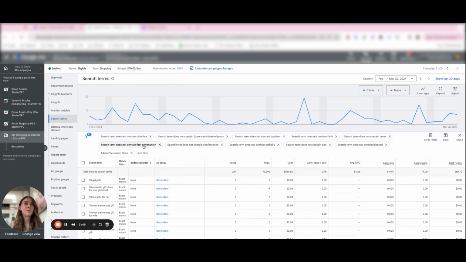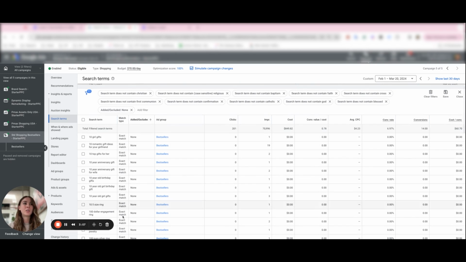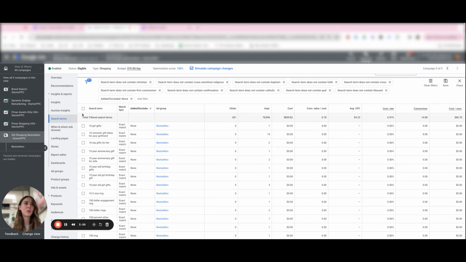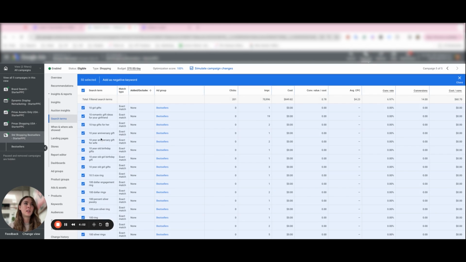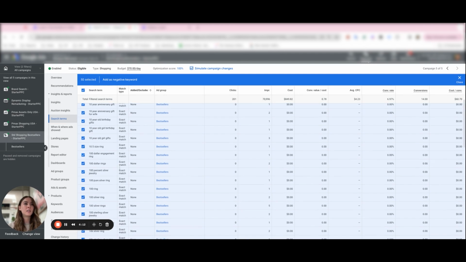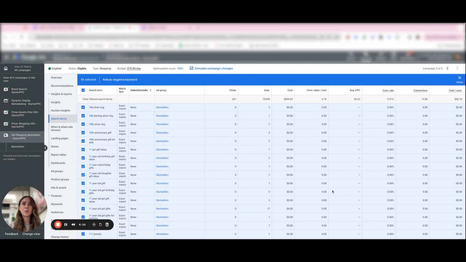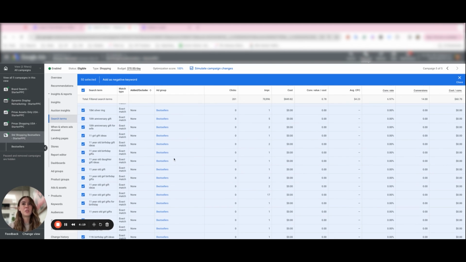Because I thought by filtering out the ones that are actually related to this business, I could easily clean all those that don't contain that, just clearing people that are not looking specifically for religious jewelry. That way I would increase the lead quality, because we would only show for people that are actually interested in these types of products.